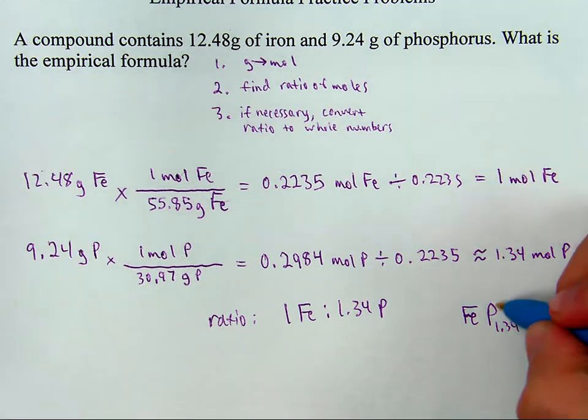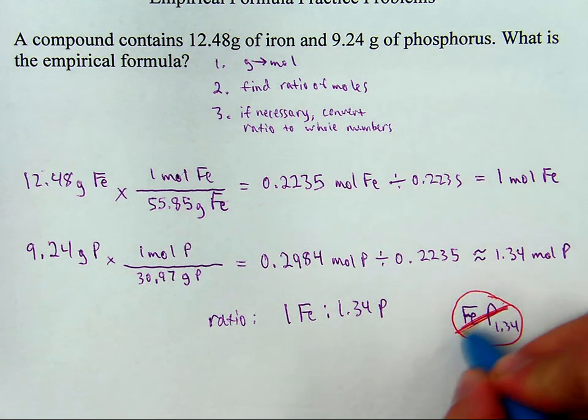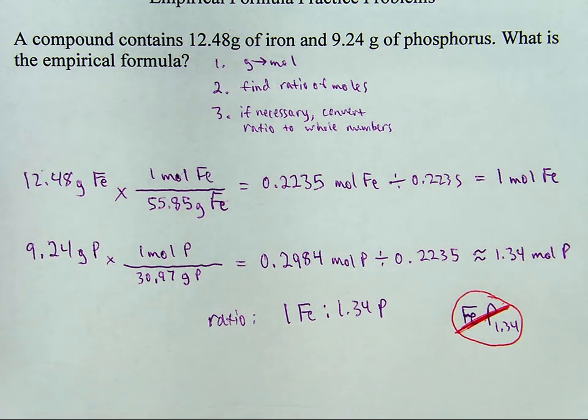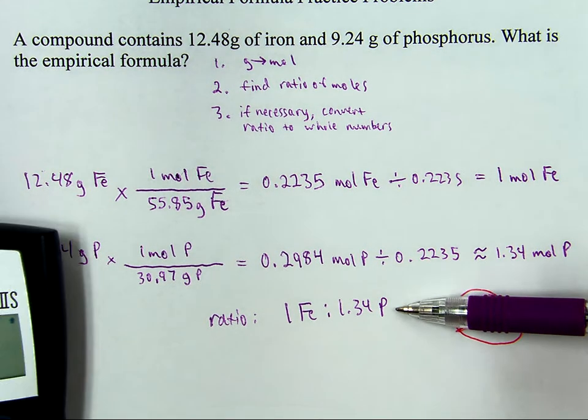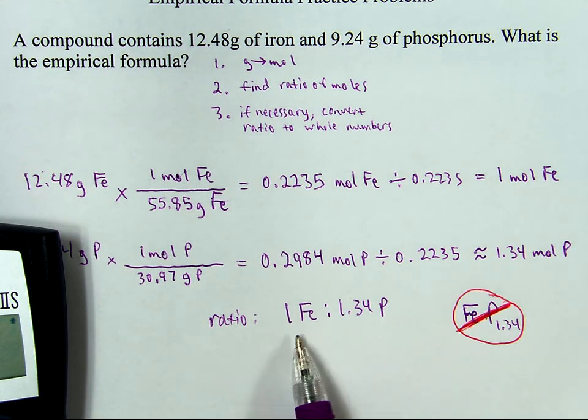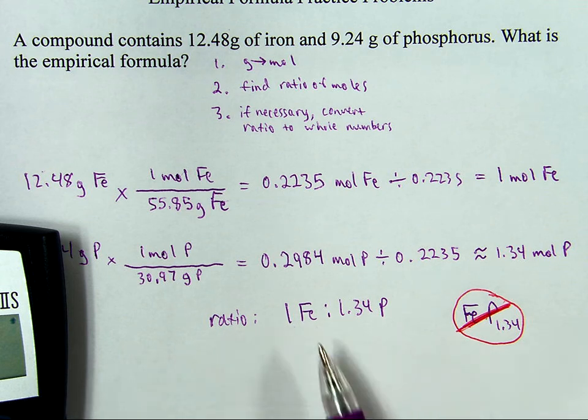That's a big no-no, because you cannot have numbers that are not whole numbers in a chemical formula. So, I need to convert the ratio to whole numbers. The way I do that is I'm just going to do some trial and error here. I'm going to figure out what I need to multiply these by in order to make them whole numbers.